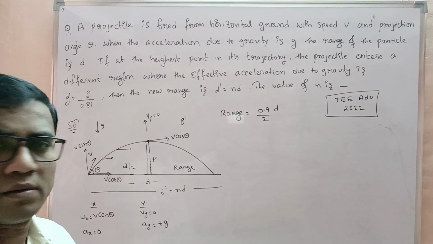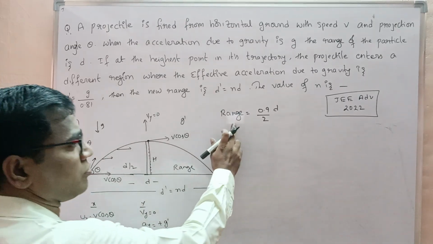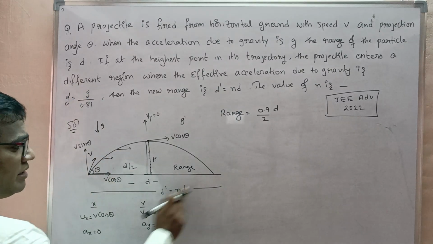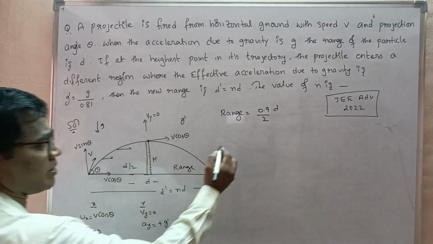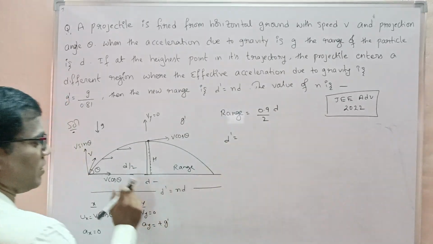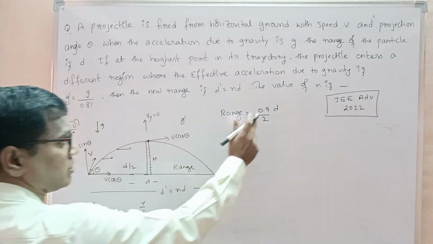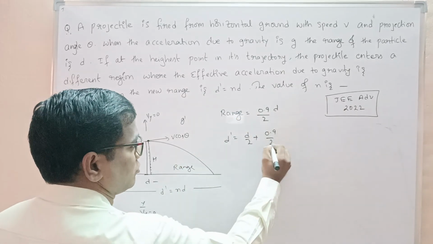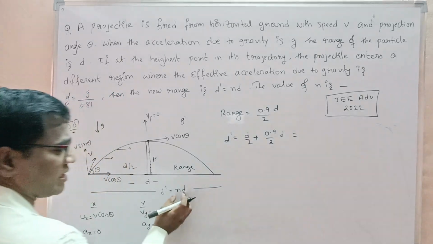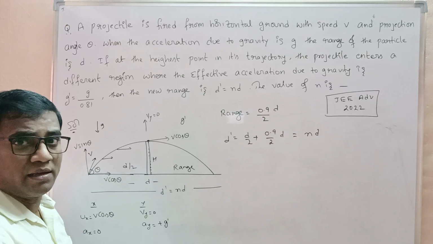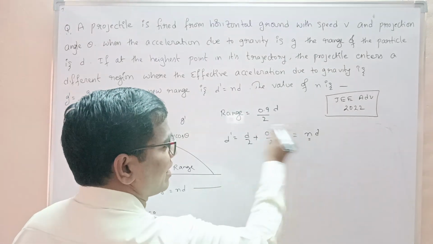So now we got range is equal to 0.9 by 2 into d. Here d dash is given as d by 2 plus 0.9 by 2 into d, which is given as nd. He is asking to find the value of n. We can calculate n from this expression.